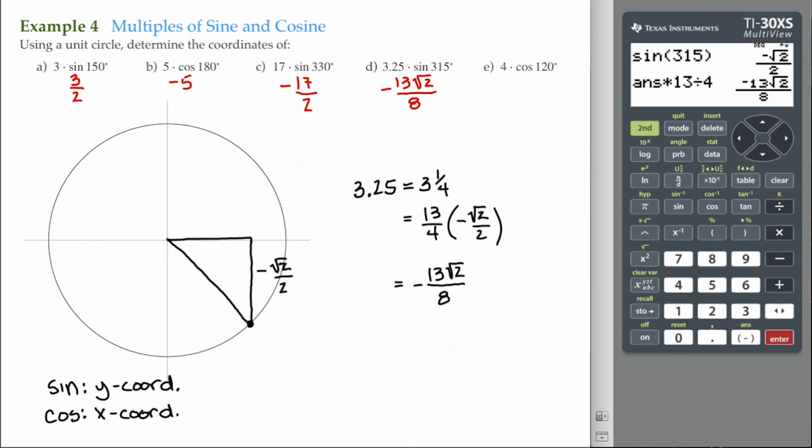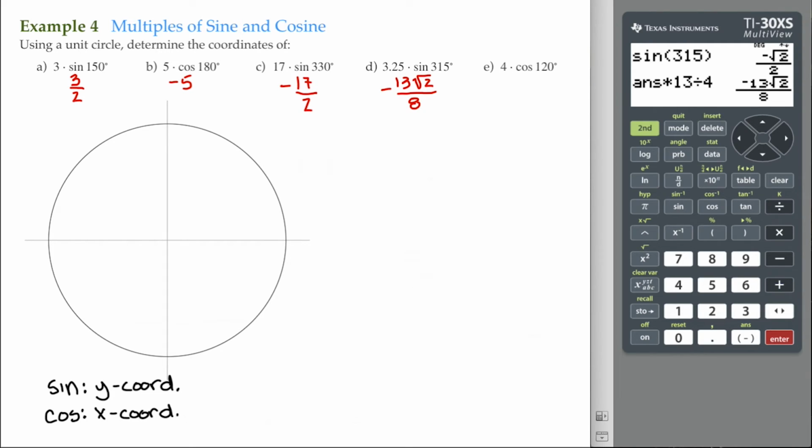Let's try the final one. 4 times the cosine of 120 degrees. 120 degrees is right about here. Again, here's 90.